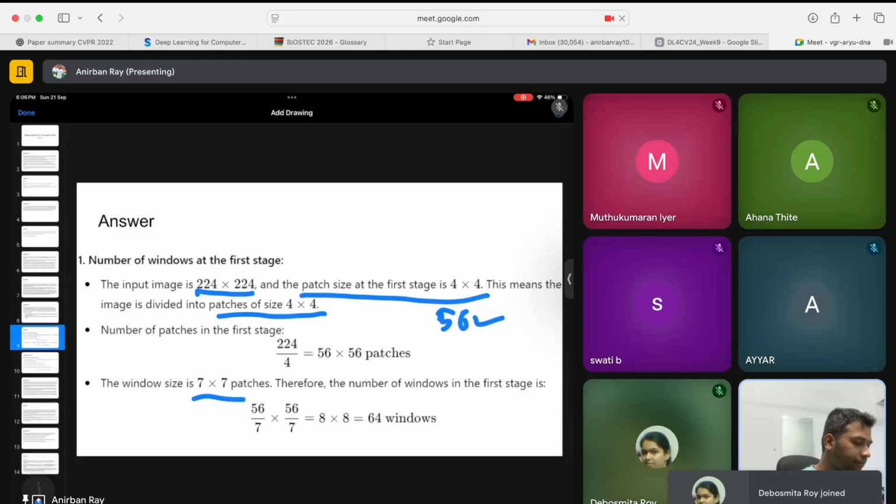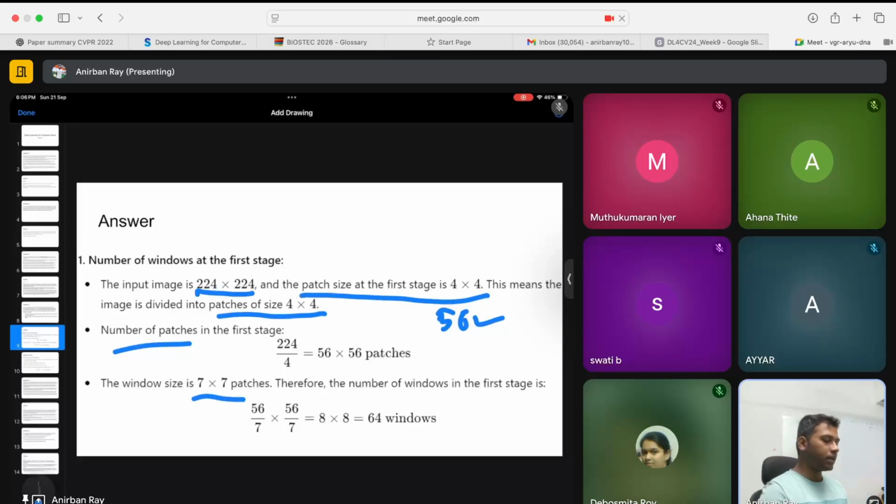Okay, so first the total number of patches we can understand in the image is 56, right? Correct here. Yeah, 56 cross 56. Yes, that's important. And now the window is composed of 7 cross 7 patches.